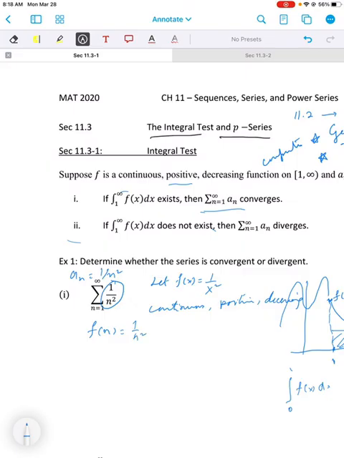Okay, so in order to check whether this series converges or diverges, we find the integral from 1 to infinity of f of x dx.